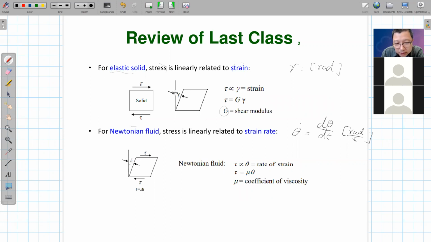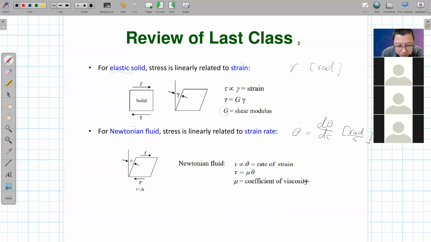But for the solid, at some point it can only deform to an angle and won't be able to deform constantly, so it is only related to the angle itself. And this coefficient of the linear dependency we call mu, and we call it viscosity. So this is where we stopped in the last class.